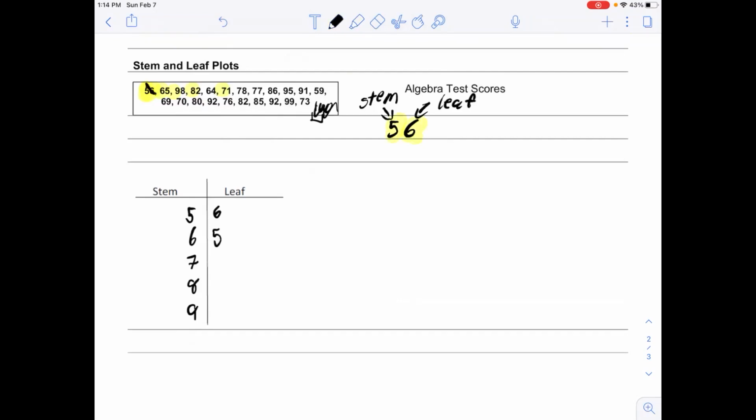So my 5 goes right there. This gives me the number 65 and 56. For 98, I have a stem of 9 and a leaf of 8. And if you're thinking to yourself, this is silly, just hold on a second. I'm going to show you why this matters. For 82, my stem is 8, my leaf is 2.